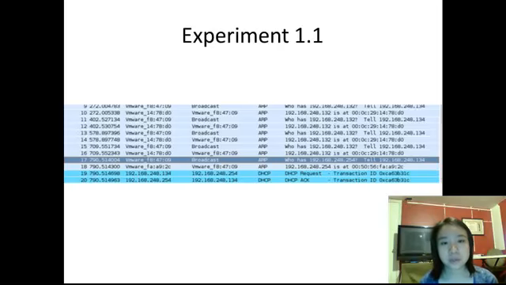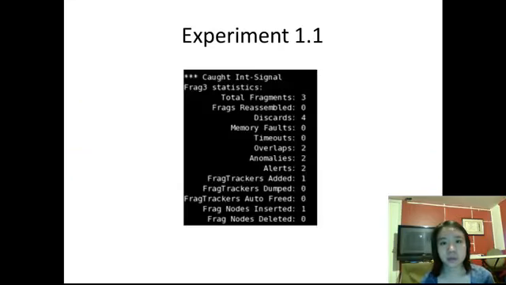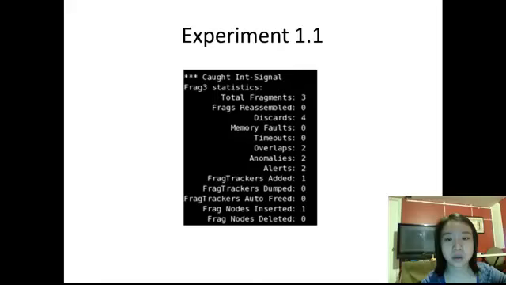This is the result of the traffic captured by Wireshark. This is the result of the packets detected by Snort. We can see that Snort can detect all the packets sent by Scapy.